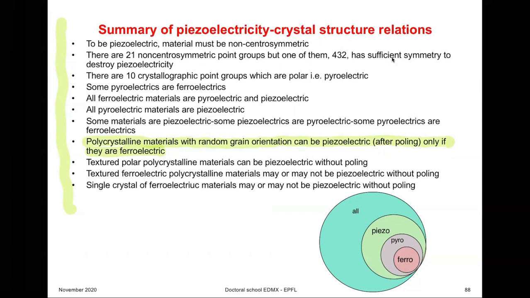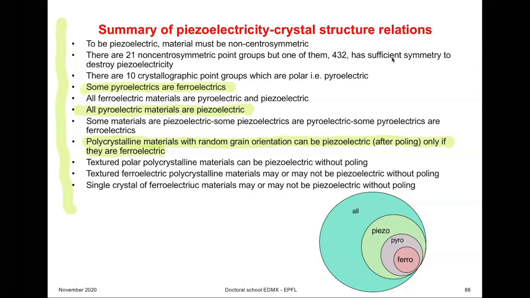However, if you make a ceramic with all little grains oriented in the same crystallographic direction, then you might. However, this is difficult. You also get statements, for example, all pyroelectric materials are piezoelectric. Why? Because pyroelectric materials have polarization. If they have polarization, they are non-centrosymmetric and they are therefore piezoelectric.